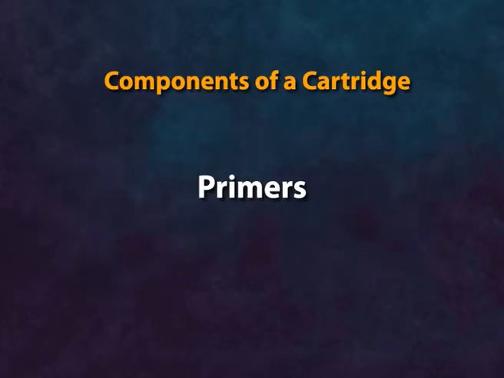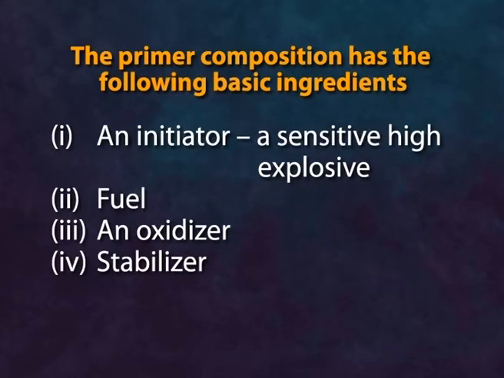Next, we will be talking about primers. The primer composition has the following basic ingredients. First one is an initiator, which is a sensitive high explosive, a fuel, an oxidizer and a stabilizer.